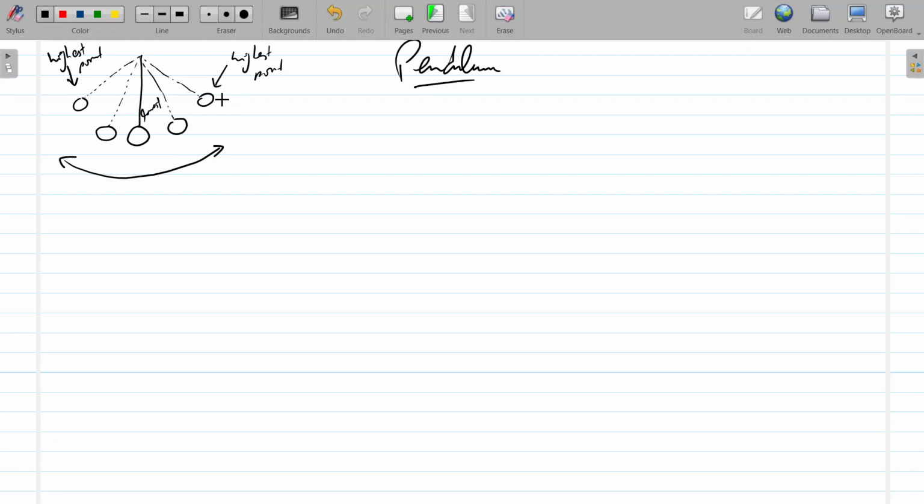So at both of these, all the energy is gravitational potential energy, and there is no kinetic energy. In the lowest point, it will be kinetic, right? Yes, good. So at the lowest point, all the energy will be kinetic energy, which is half mv squared, and there will be technically no gravitational potential energy.